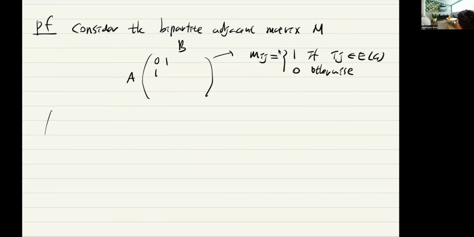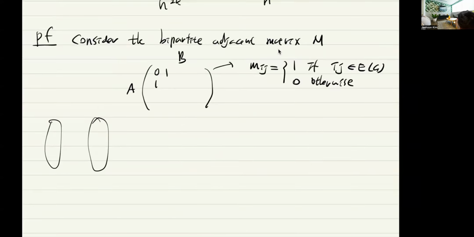Then what happens is that you consider this matrix, M transpose M. So what's this matrix? This matrix is indexed with B on the row and column as well. And what?